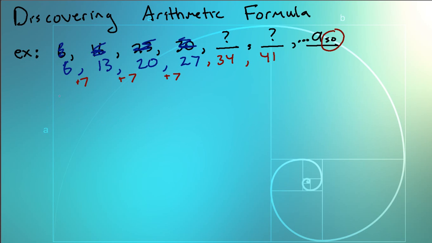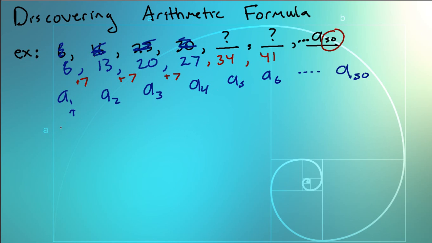Okay, so let's get some notation down. So each of these are A, so this is A1, this is A2, this is A3, this is A4, so this is A5, A6, and then we want to go all the way down to A50. We want to know, well, what's that 50th term? So how can I use this? Well, these are term numbers, right?